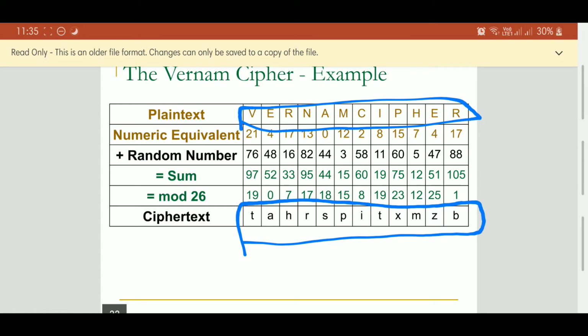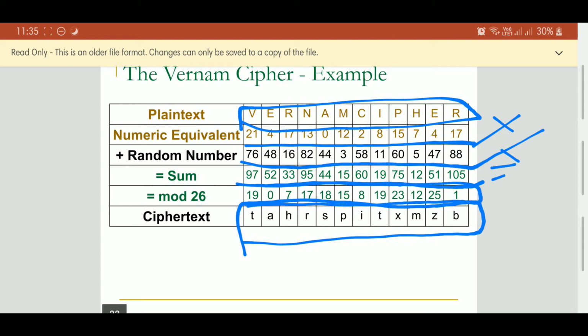So this row is our numeric equivalent, like A for 0, B for 1, C for 2, and this is our random number row. Here we have the sum of these two, and we will take mod 26 of this sum, and we will get this cipher.